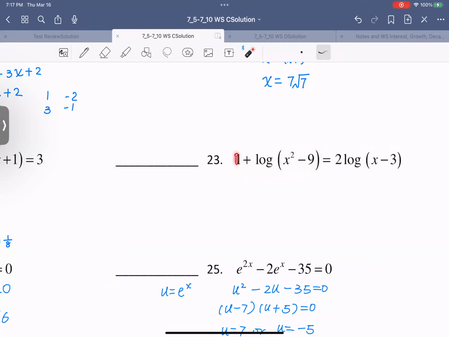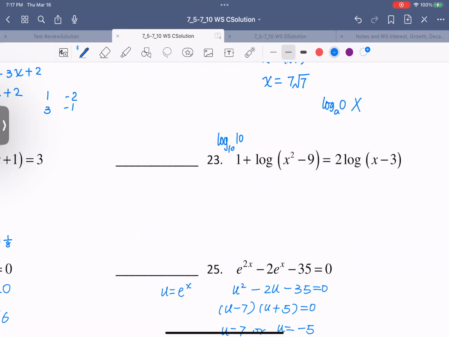So we want to make this log base 10, 10, right? Okay. And then some people ask, can this 0 be here? No, that's impossible. The log, this is the vertical asymptote. You cannot make this equal 0.